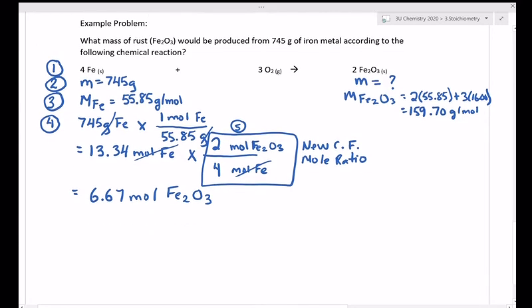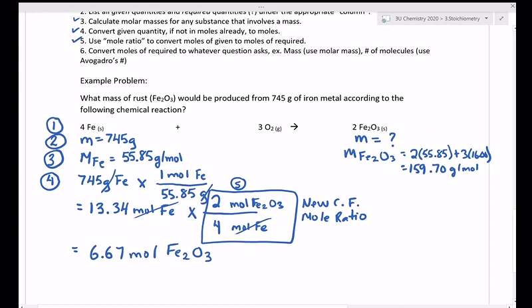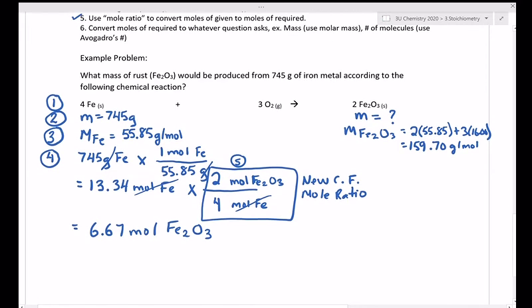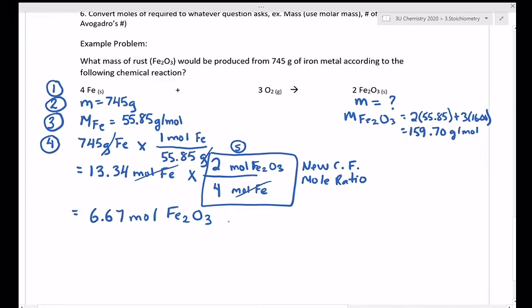Okay, so back where we were at step 5, and now 6 says convert to whatever you're asked for. So at this point, I'm going to put 1 mole of iron oxide on the bottom, and then I'm going to remember that I've already calculated the molar mass, and it is 159.7.